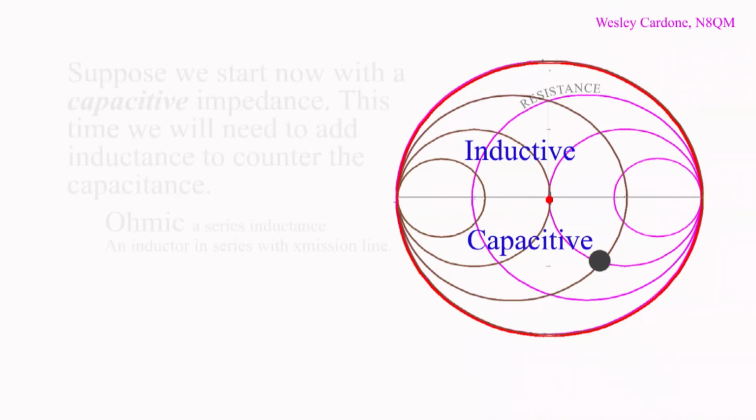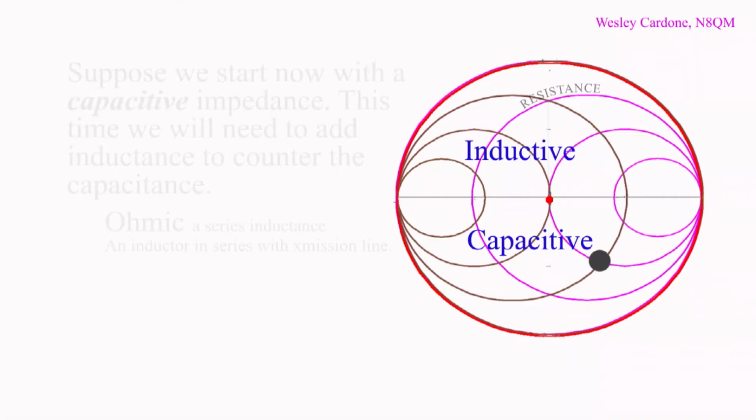Are you ready for an all-new concept? To this point, we've talked about lines of conductance, and we've talked about lines of resistance, and we've talked about real numbers, and we've talked about imaginary numbers. But there's something new that we have not presented yet, and it's been there all the time, right in front of you, and you never saw it.